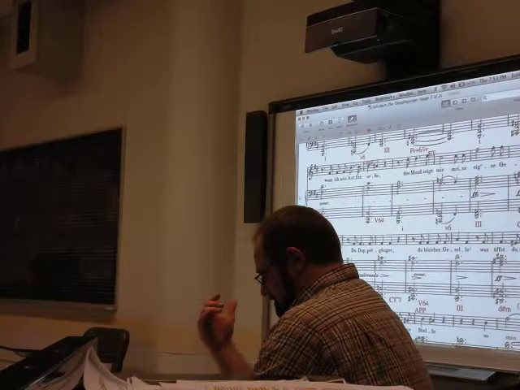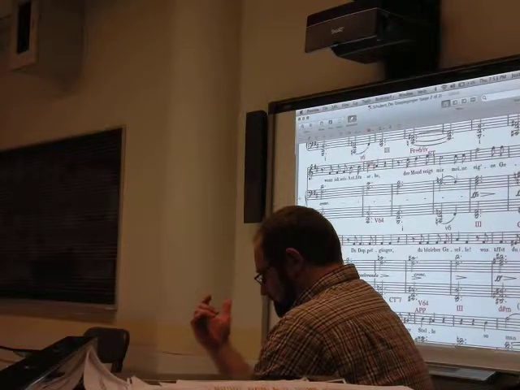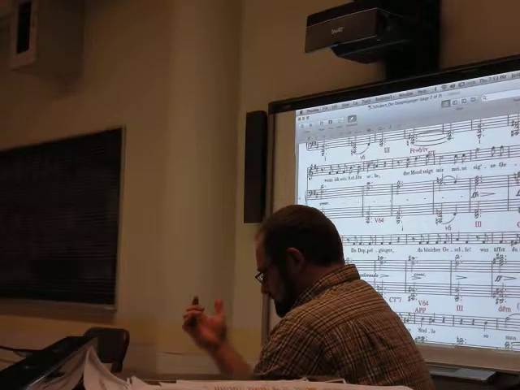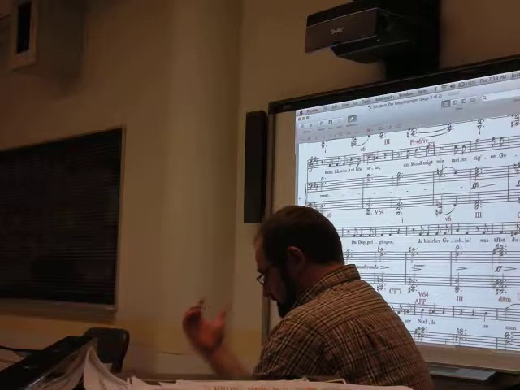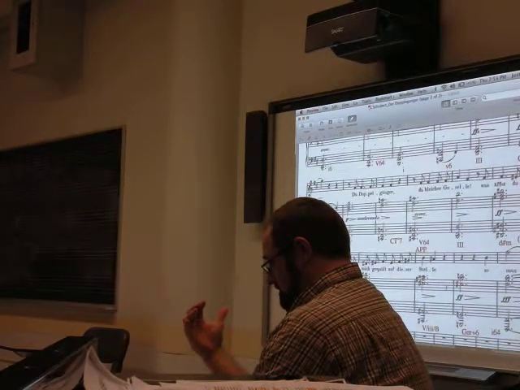Der Mond zeigt mir meine eigene Gestalt.